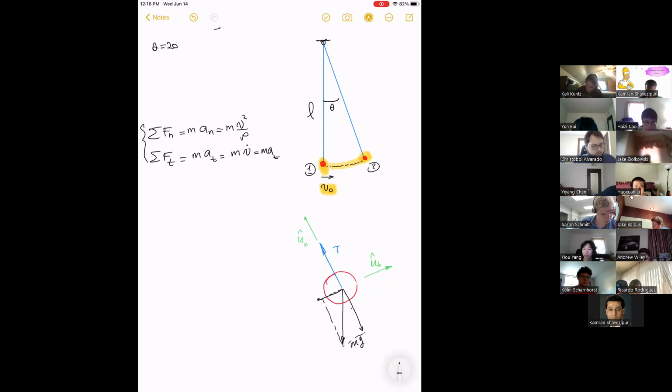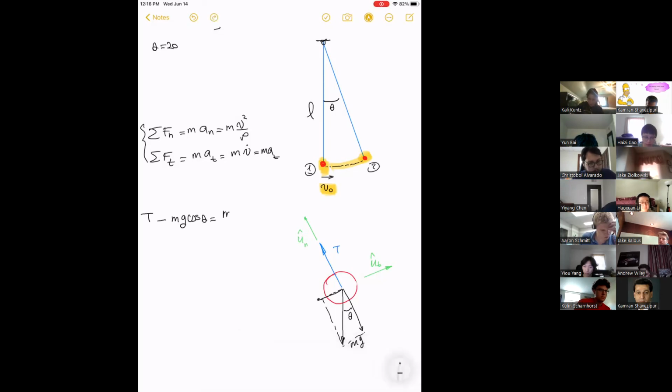If this angle is theta and this is theta, so in N direction, you're going to have T, which is positive, minus mg cosine theta equal to mv squared over rho. And rho here is just a constant. I'm just going to write it L. This is technically your rho, the radius of curvature, which is constant. It's like moving on a circle.